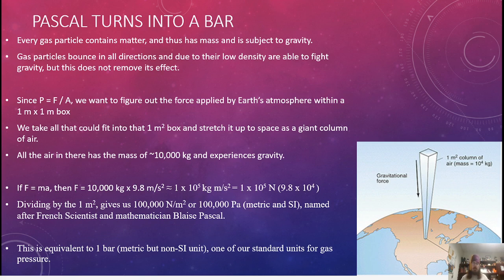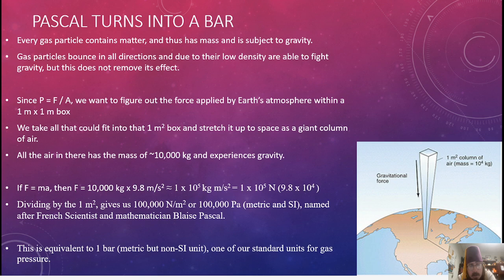If we fill that with gas, it would hold approximately 10,000 kilograms worth of gas, and all 10,000 kilograms of gas experiences gravity. Now, because a force is a mass times an acceleration, that 10,000 kilograms multiplied by gravity is approximately 10 to the 5th kilogram meters per second squared.